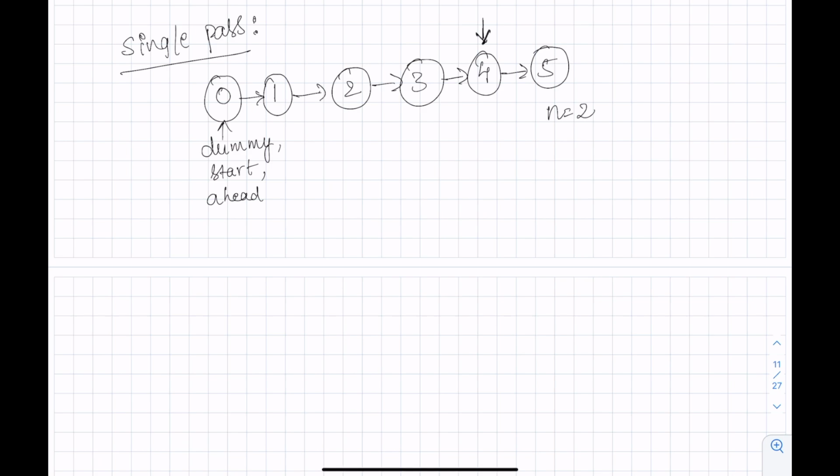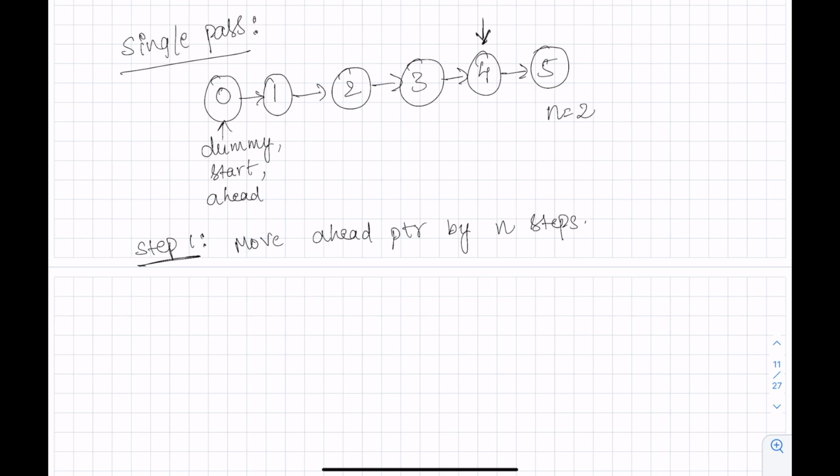So the steps needed in this single pass algorithm will be outlined here. The first step is to move the ahead pointer by n steps.